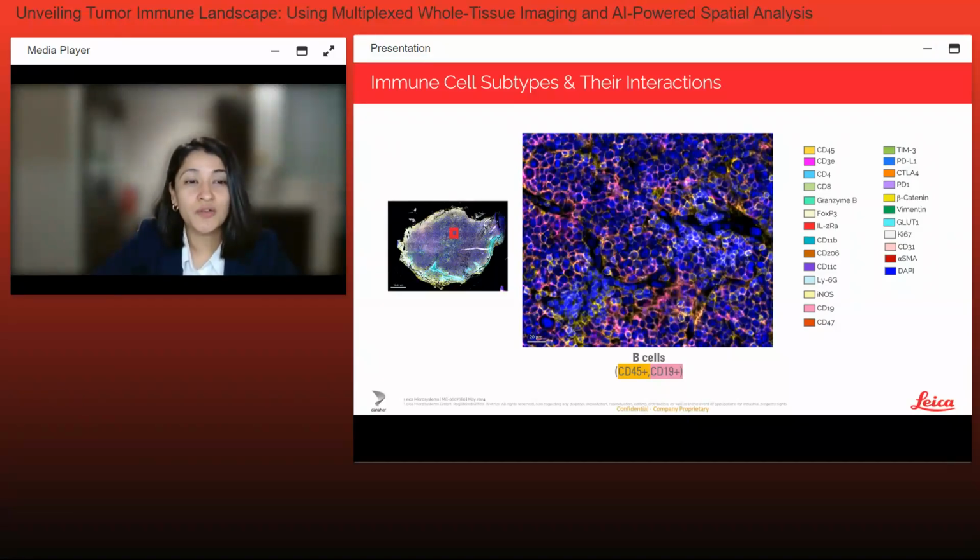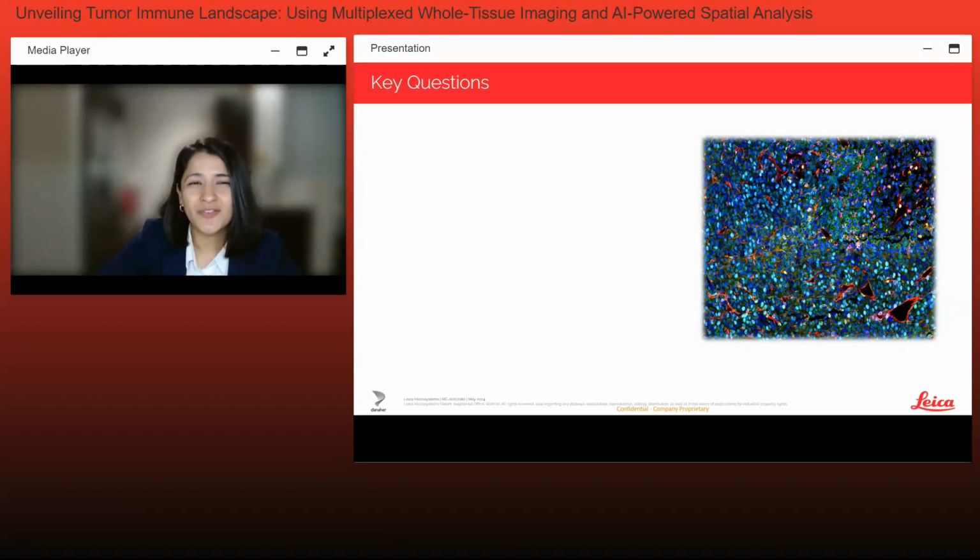Also, we're now looking at the whole tumor tissue overall, which may have another level of heterogeneity in terms of the spatial patterns or localized expression of some of these markers in distinct regions of the tissue. Specifically, this makes us think about some of the following key questions when it comes to gathering insights from such data sets.